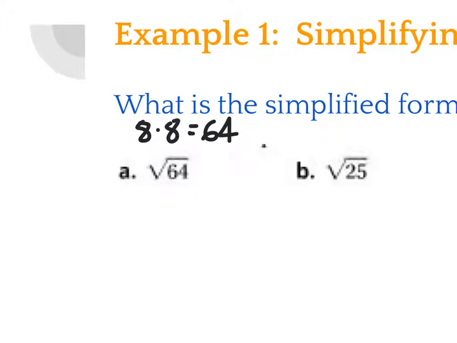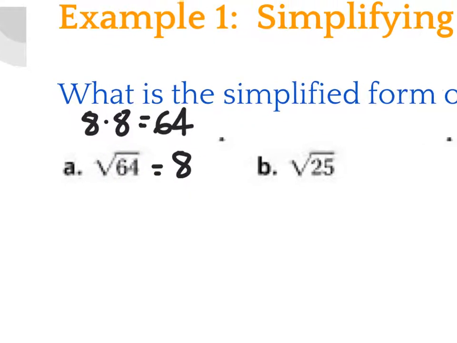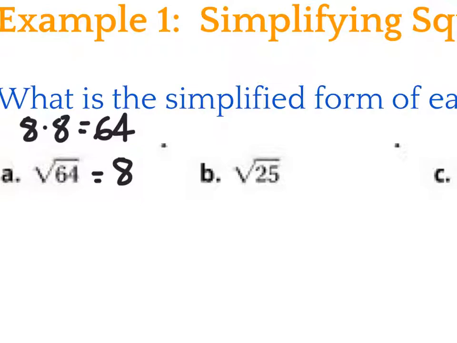So lo and behold, the square root of 64 is 8. Similarly, 5 times 5 is 25. So the square root of 25 is, you've got it, 5.